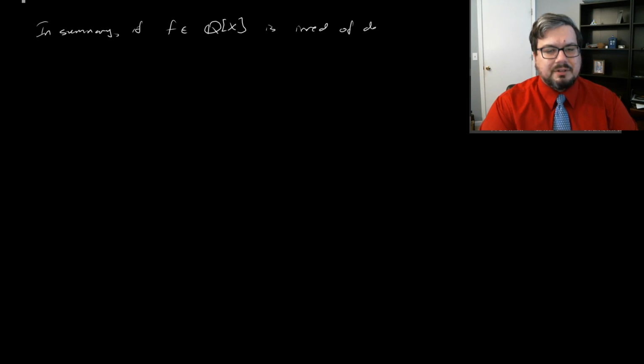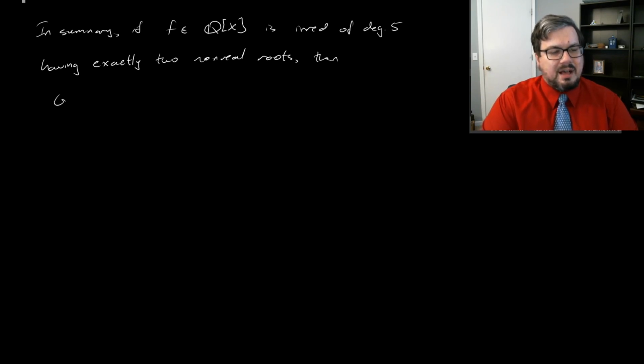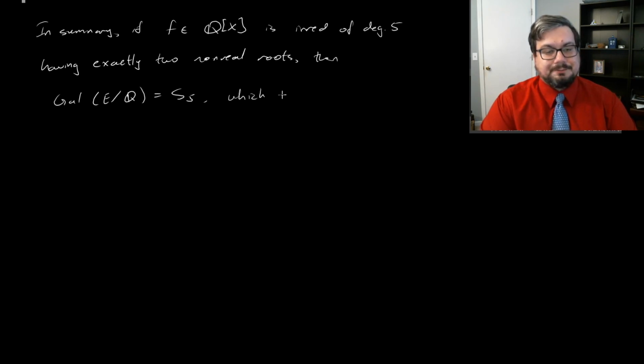So in summary, if f inside Q[x] is irreducible of degree 5 with exactly 2 non-real roots, then the Galois group of the splitting field E over Q is equal to S5, which is not solvable.